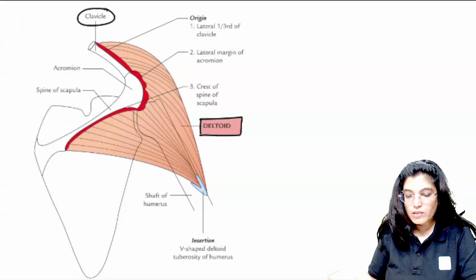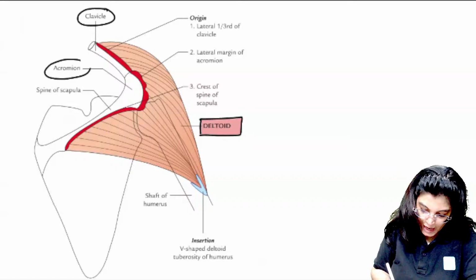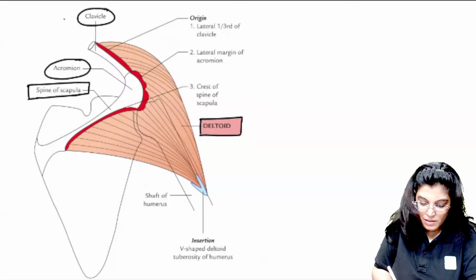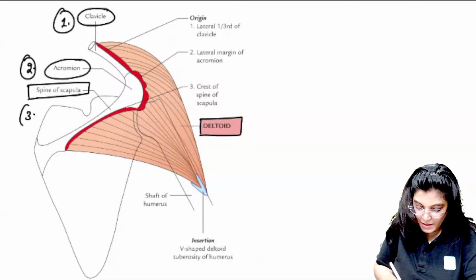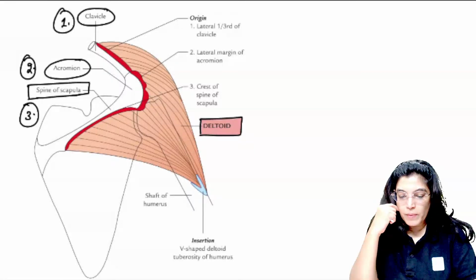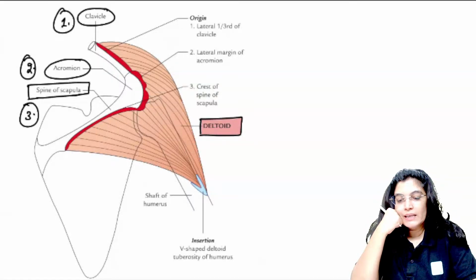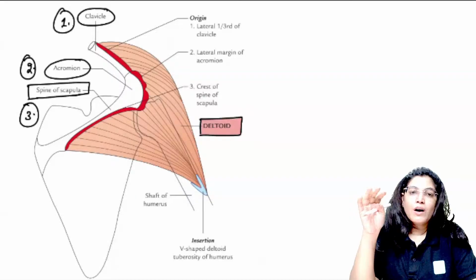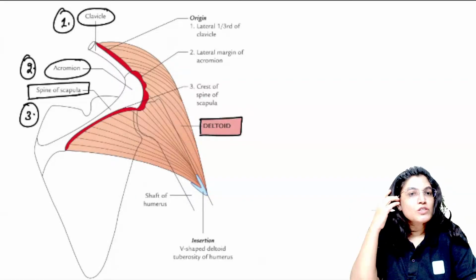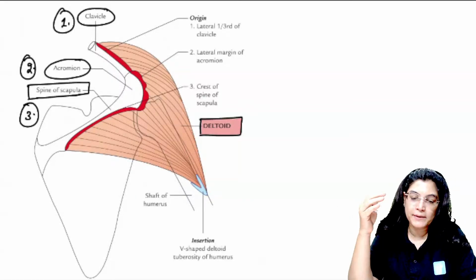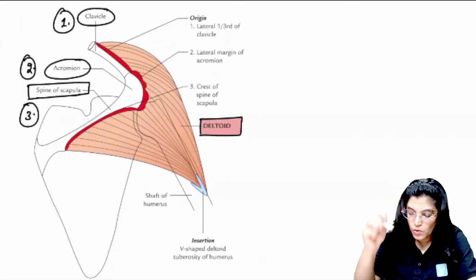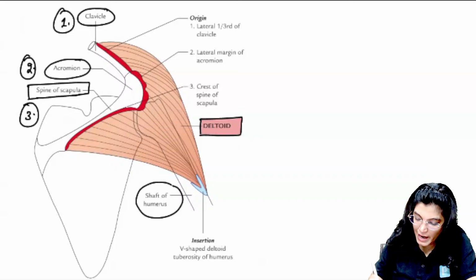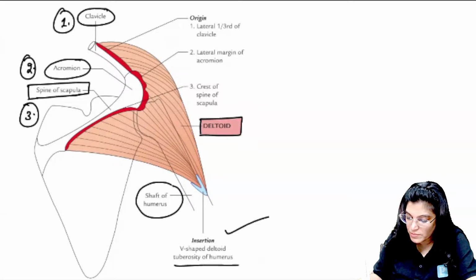It is also originating from the acromial process and the spine of the scapula. So these three structures: the lateral 1/3 of the clavicle, the lateral margin of the acromial process, and the crest of the spine of the scapula. These are the three parts of the deltoid muscle, which originates from three sources. From there you can see the insertion going inferiorly towards the humerus bone, into the shaft of the humerus and to a V-shaped deltoid tuberosity.